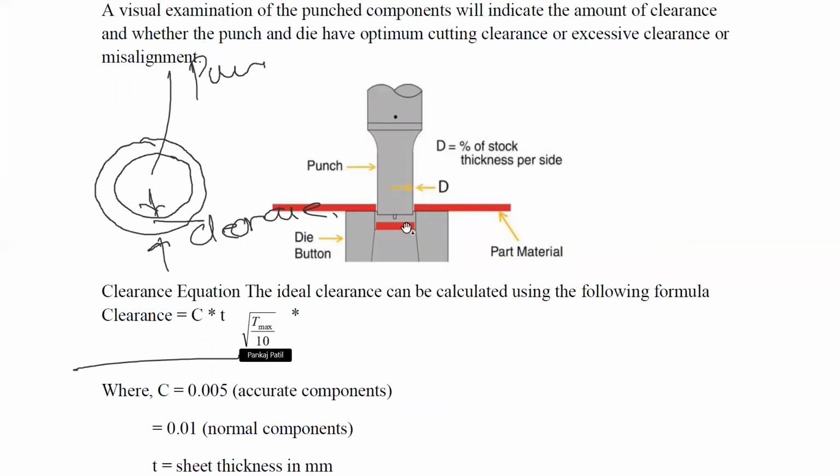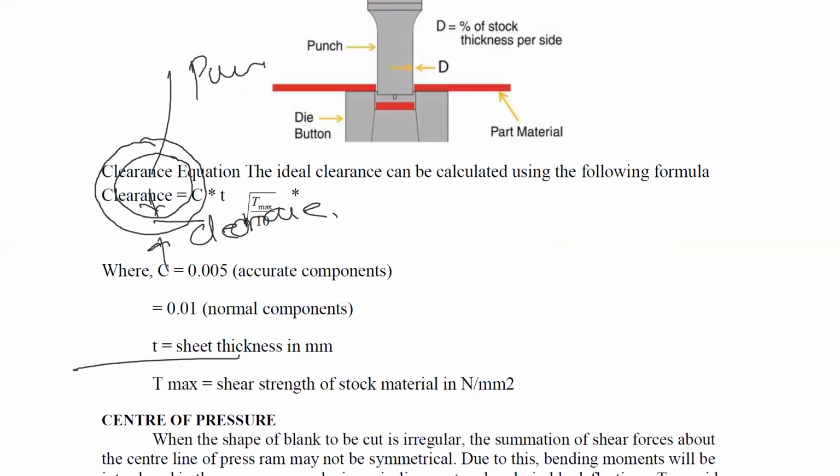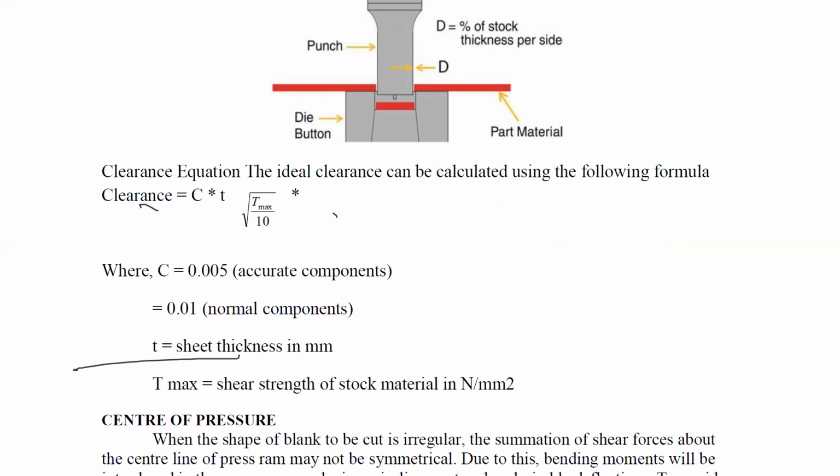Clearance can be calculated by using the formula: clearance equals C into T into the square root of tau max divided by 10. In this case, C is a constant which has a value of 0.005 for an accurate component, when you are going for a finished product.